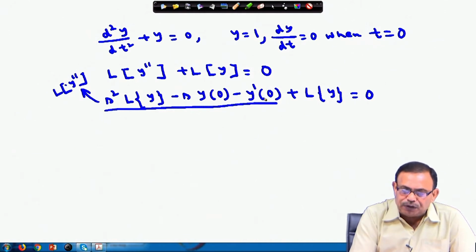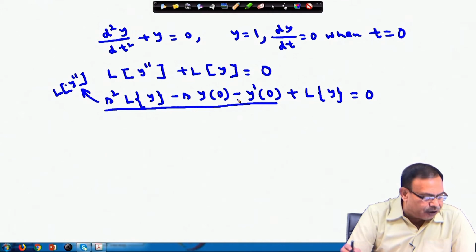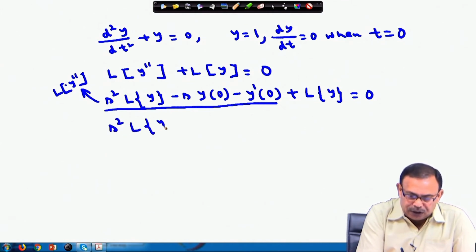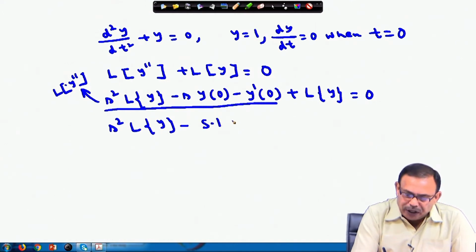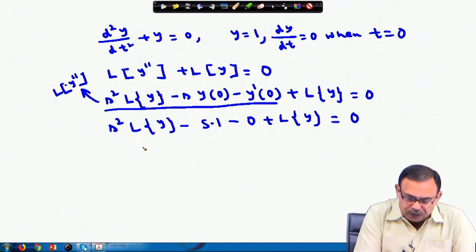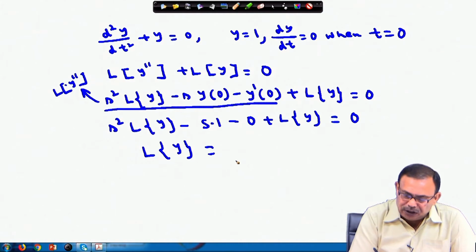Substitute these values in this equation, so that I can write s² times the Laplace transform of y minus s times 1 minus y dash 0, which is 0, plus Laplace transform of y, equals 0. So, you see, from here you can write the Laplace transform of y; s will go to that side, so it is s by s² plus 1.